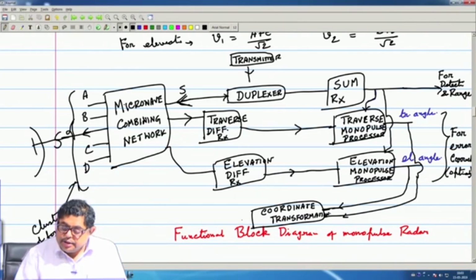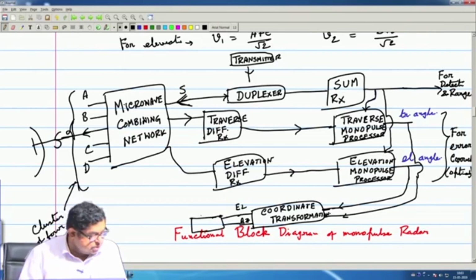It gives you the elevation and azimuth, and then there is another block to which this is given, the antenna drive servos.